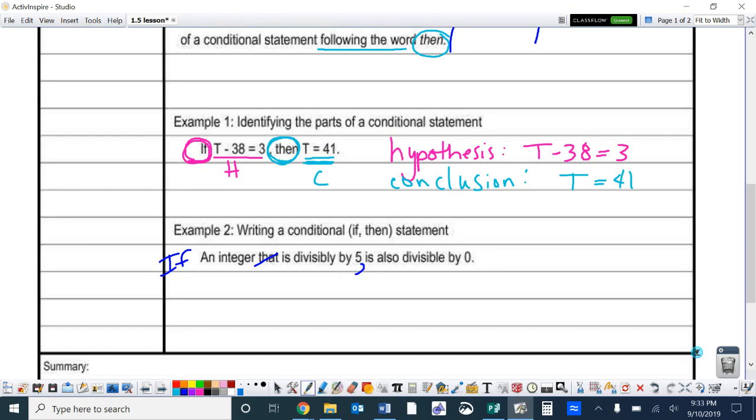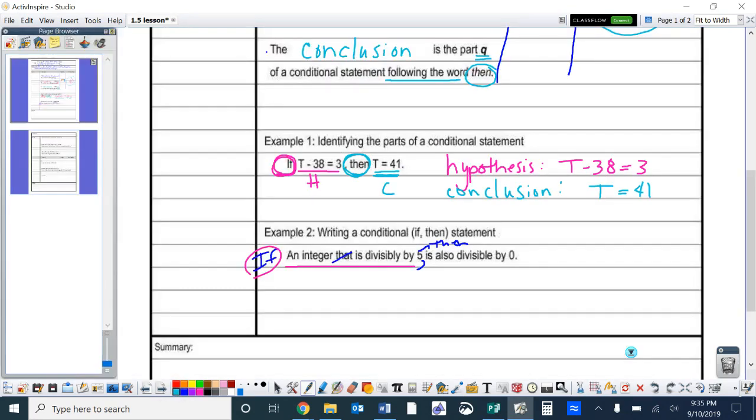If an integer is divisible by 5, then it is also divisible by 0. So it takes a little manipulation of the English language, but I think we've got it.